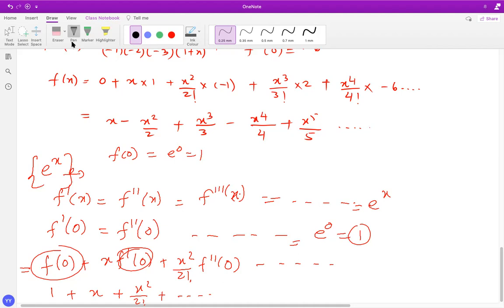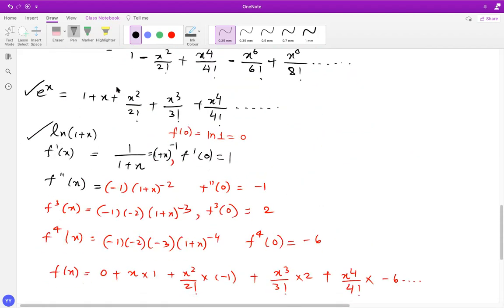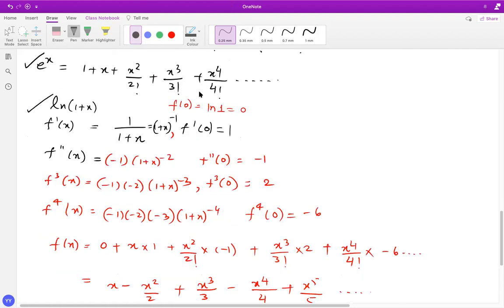Now let's quickly go through ln(1 plus x) as well. Here, for ln(1 plus x), I'm going to first find f of 0. So f of 0 is ln of 1, which is 0 itself. That's the first part, and then I go ahead with f dash x, which is the derivative of ln(1 plus x). So that's 1 over 1 plus x.